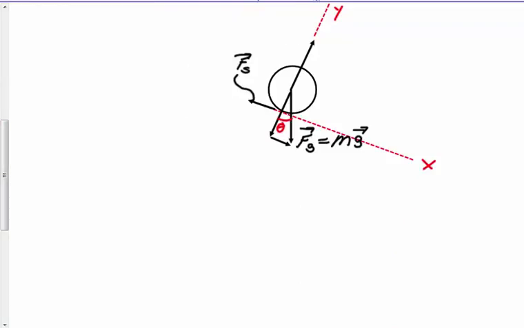Alright, I'm going to call this here mass times gravity times the sine of theta. And this one here is going to be mass times gravity times the cosine of theta. Alright, I'm going to go ahead and remove this one from my picture.